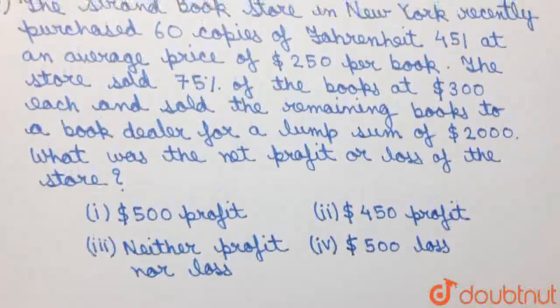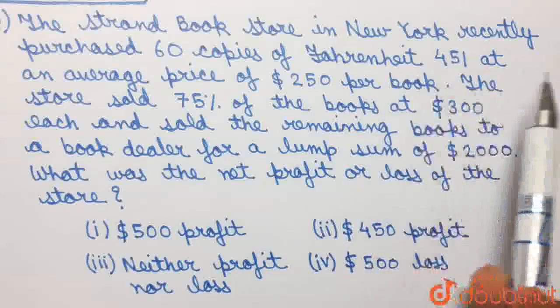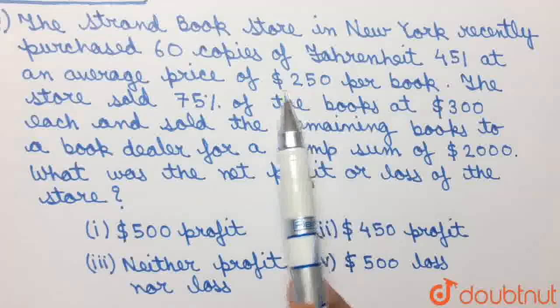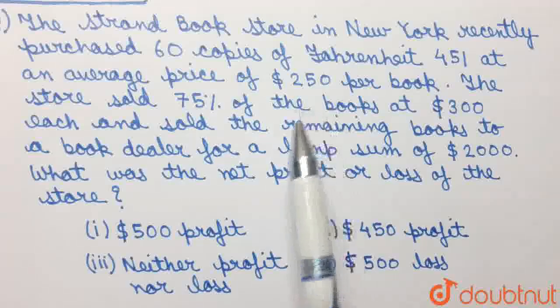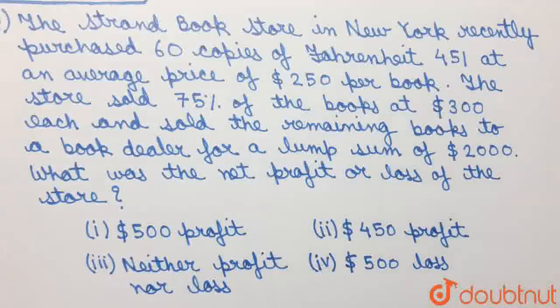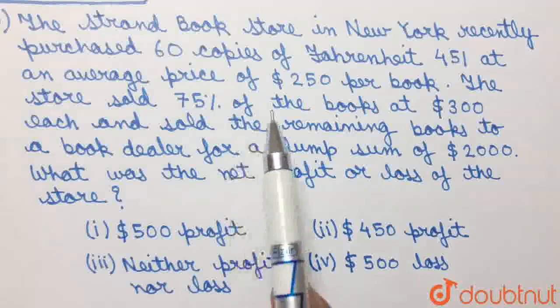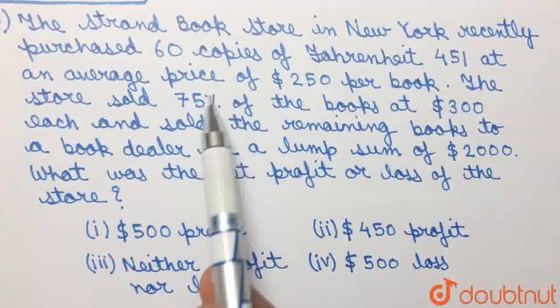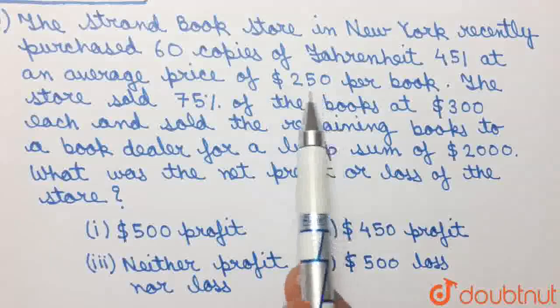So as per the question, the bookstore in New York purchased 60 copies of a particular book at an average price of $250 per book. So the money they spent to purchase those 60 copies, that is the cost price for the books, will be given by the product of 60 and 250.